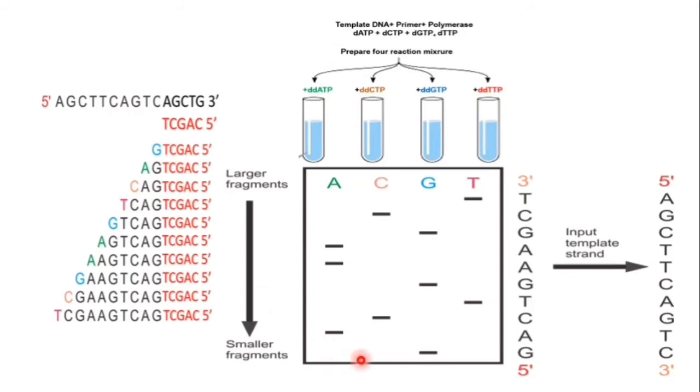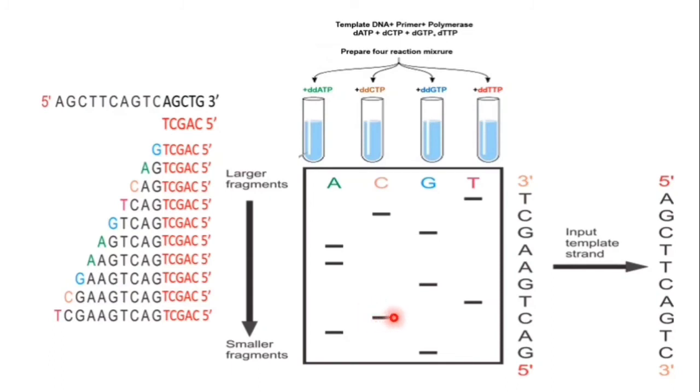Next, we see this A in the A tube, so here the sequence is A. When A comes here, first the normal G is added and then A is added. A was dideoxy, so it's terminated. In this case, you see the C tube and the band in the C tube.